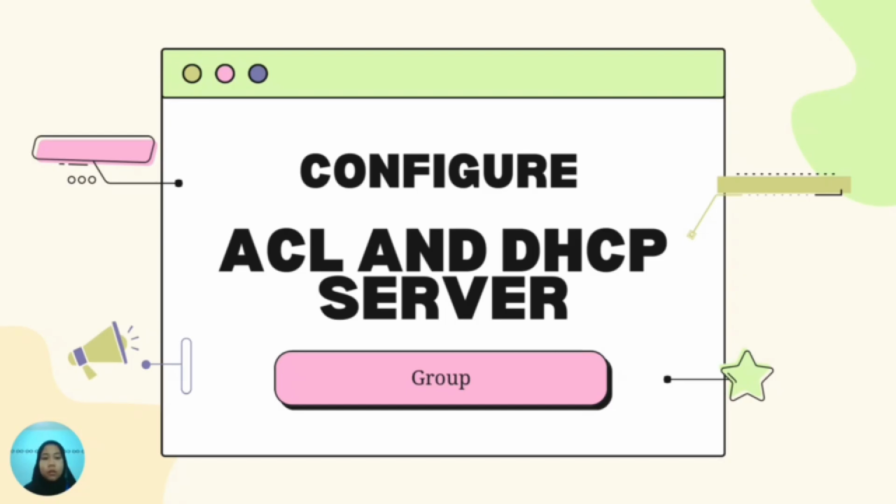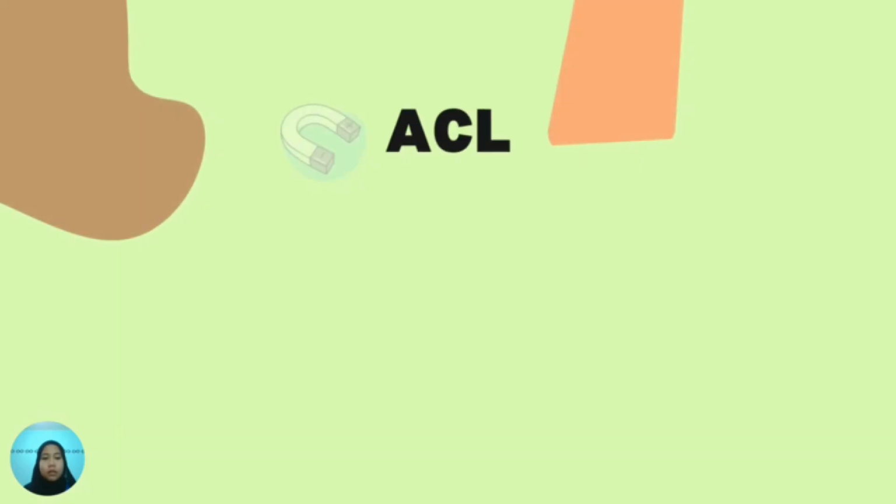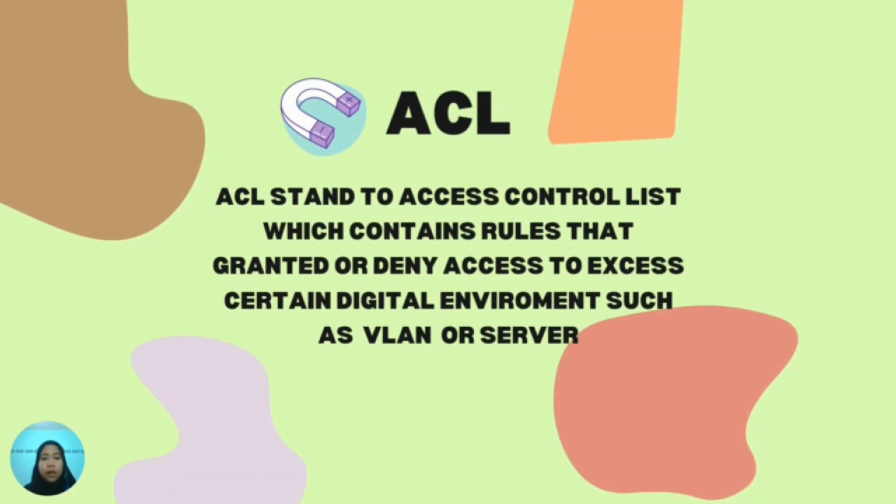Today we are going to talk about configuring ACL and DHCP server. ACL stands for Access Control List, which contains rules that grant or deny access to certain digital environments such as a VLAN or server.